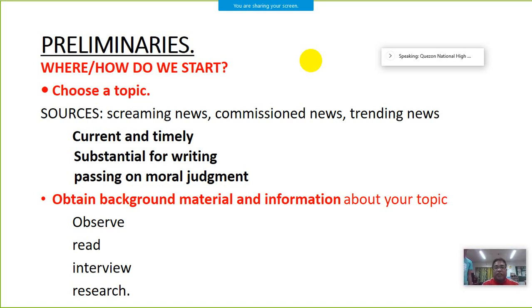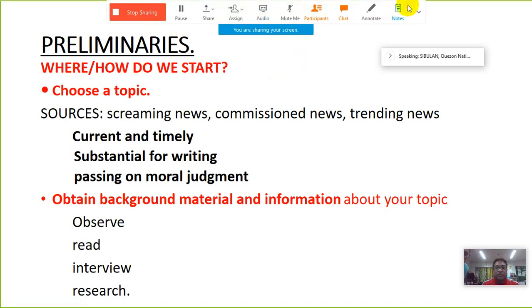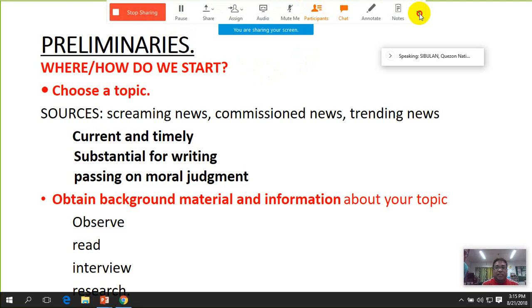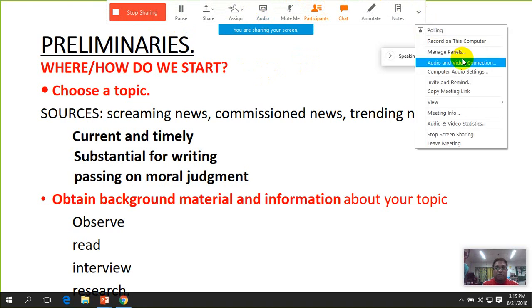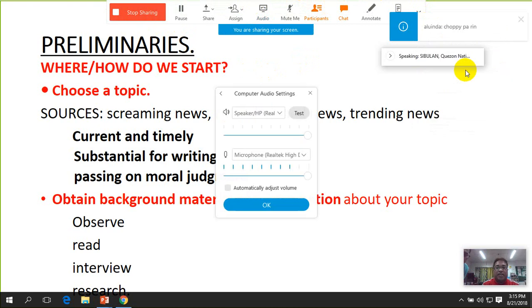Hello. So how can we generate background material and information through observation? So personally, as I said, one time I was riding in a jeepney and there were a group of old women talking about an issue, a local issue here in our place.